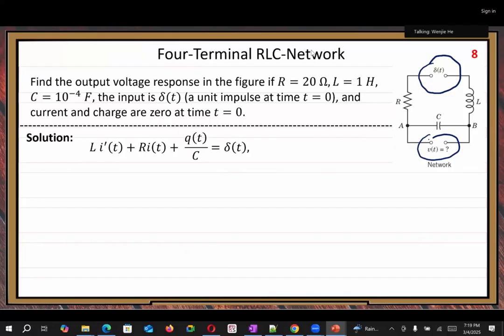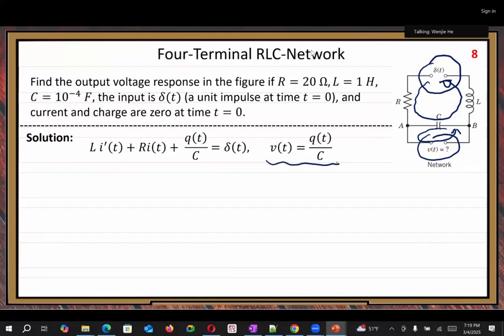So here, using the Kirchhoff theorem, apply the Kirchhoff theorem on this circle, and you have that. Then you apply the Kirchhoff theorem on the second circle, and you have V of t equals.